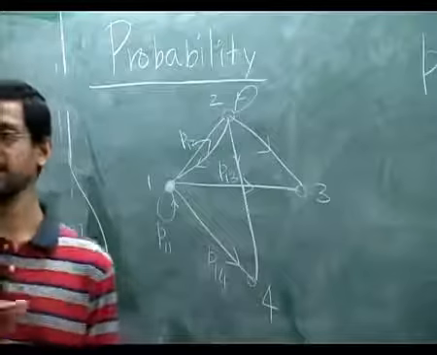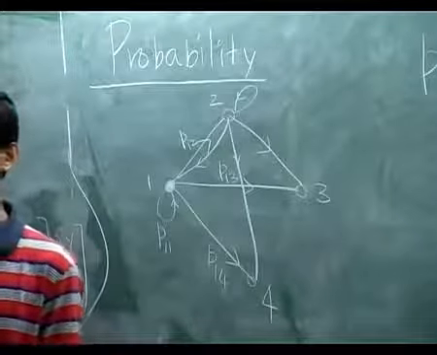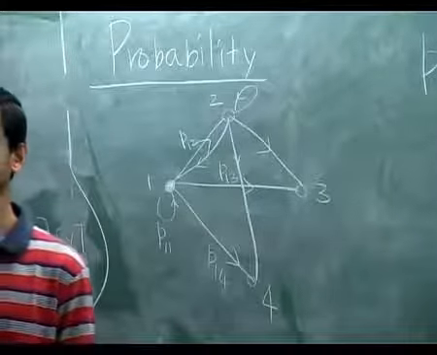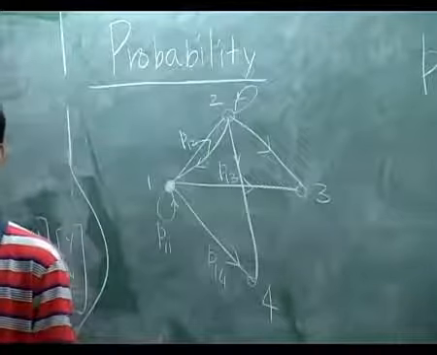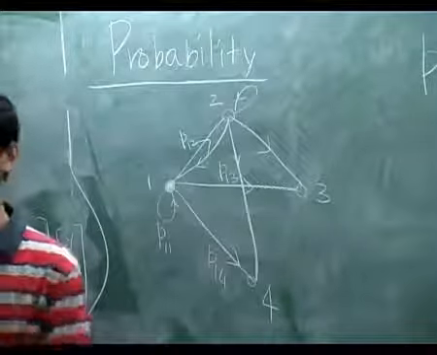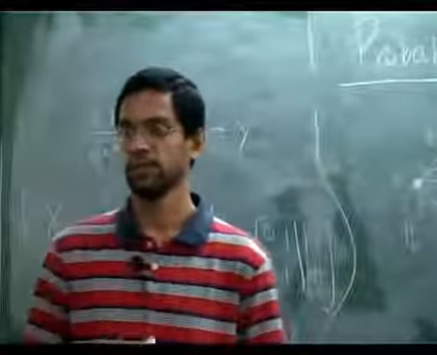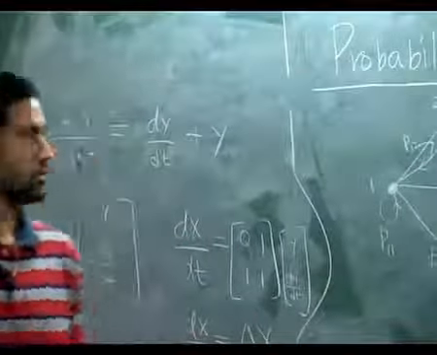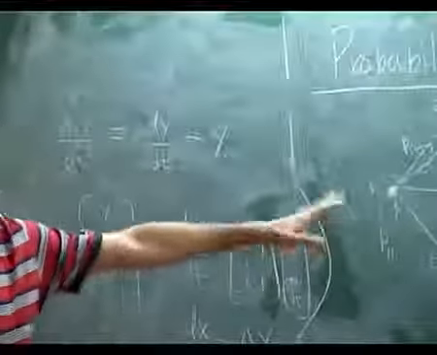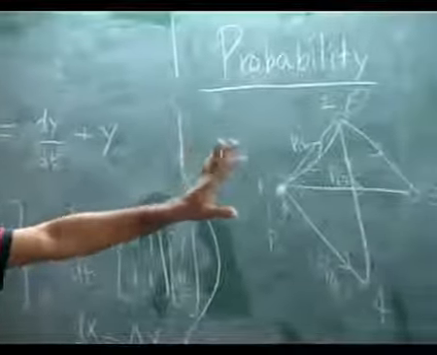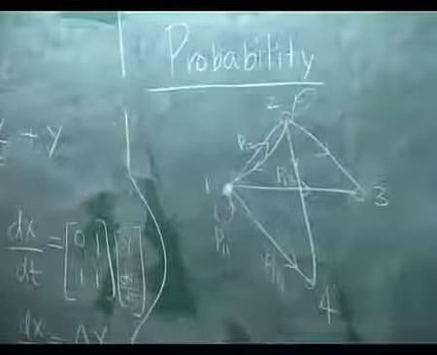Okay, so you get the idea. For every vertex, if the object is at that vertex at some point of time, there is some probability with which it will jump to any one of the other vertices, or remain where it is. All these things have probabilities. Okay, so that is the system that we are considering.